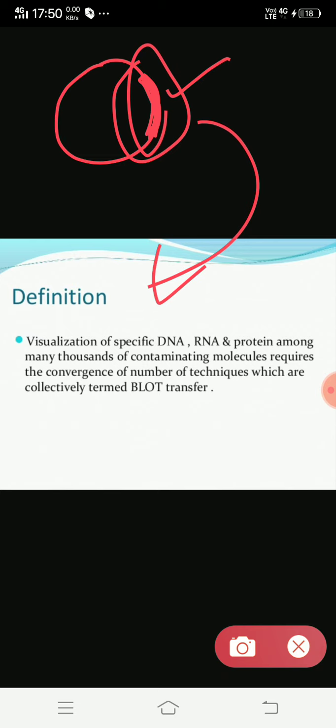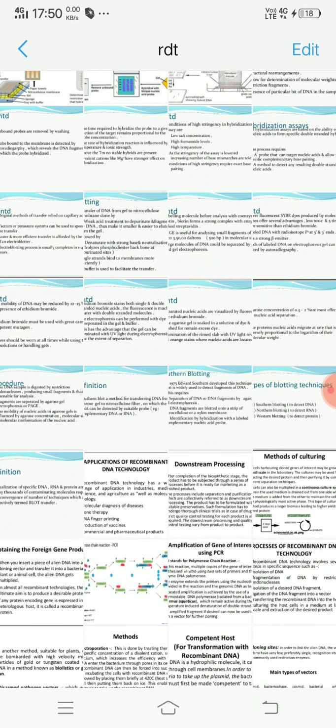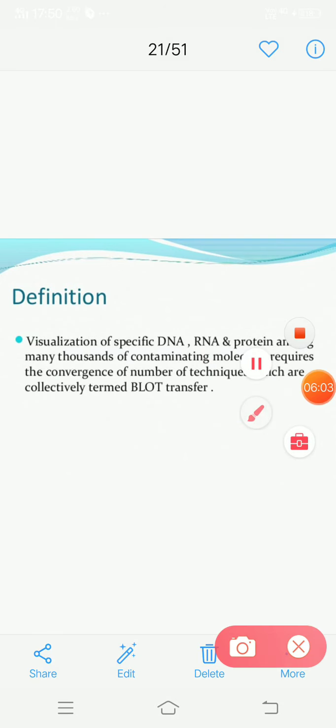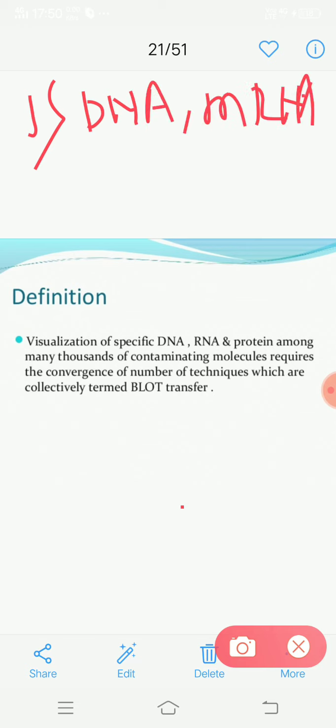So what is the first aim? The very first aim is that you can detect different types of biomolecules, like DNA, mRNA and protein, during gene expression. This is the first aim of this blotting technique.